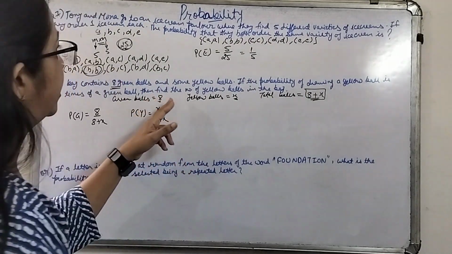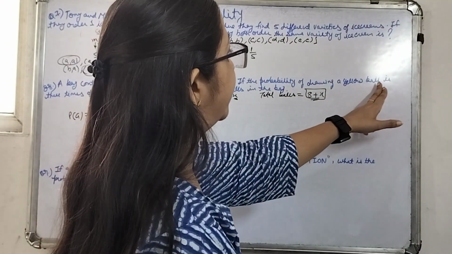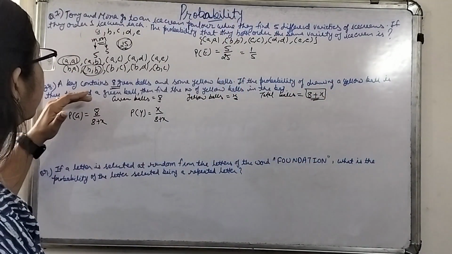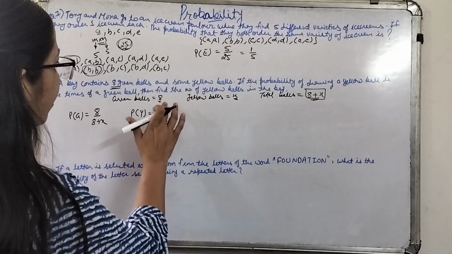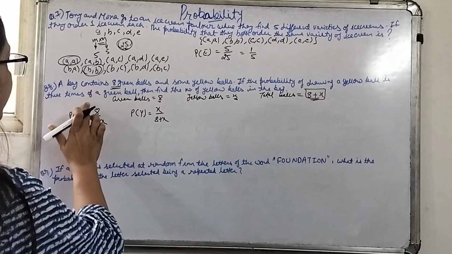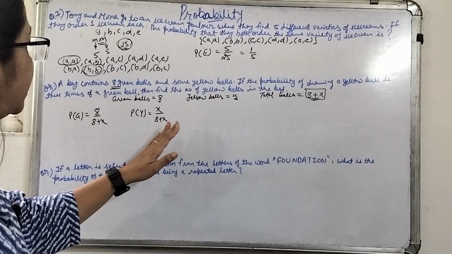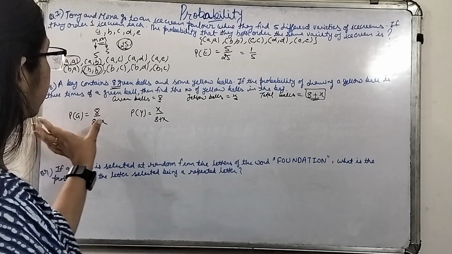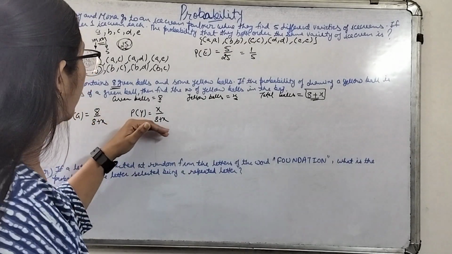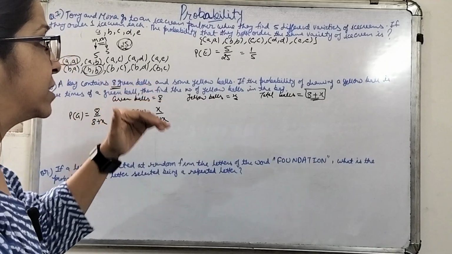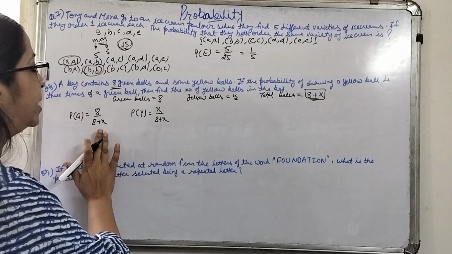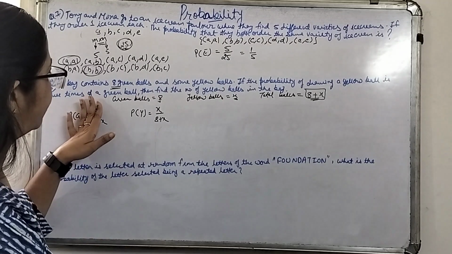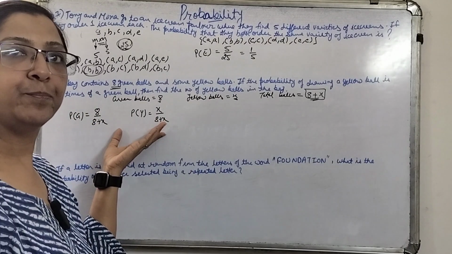Now it is given to us that the probability of drawing a yellow ball is 3 times that of the green ball. That means the probability of getting a yellow ball is 3 times the probability of getting a green ball. That simply means if we multiply the green probability by 3, both of them will become equal.